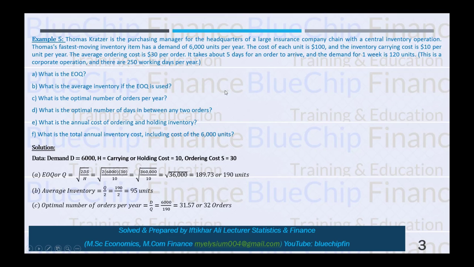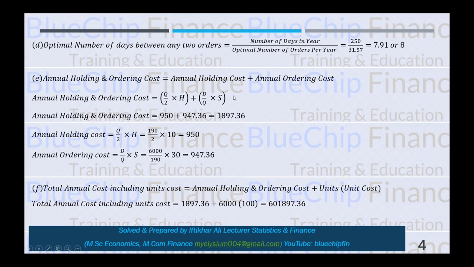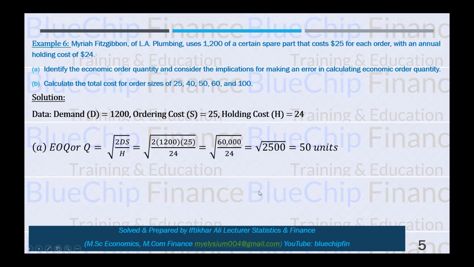So you multiply 6,000 by 100 and add the result to the annual holding and ordering cost. That is 1897.36 plus 6,000 multiplied by 100. So the total is 601,897.36.